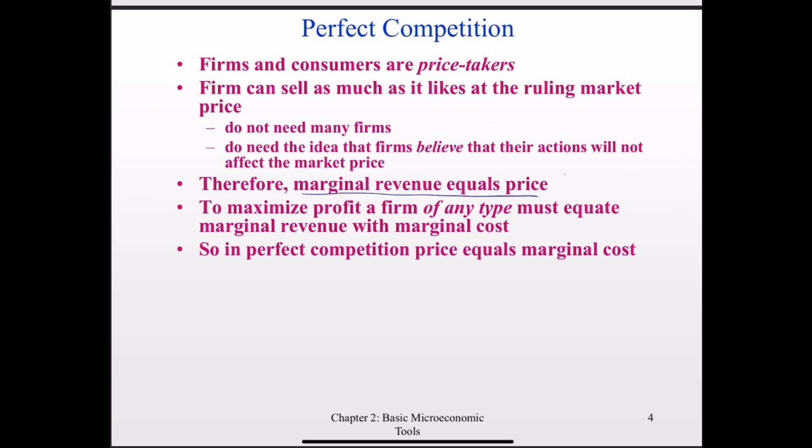So in the short run, MR equals P. Remember, for any firm to maximize profit, it must equate marginal revenue with marginal cost. So in perfect competition, this means that price equals marginal cost.